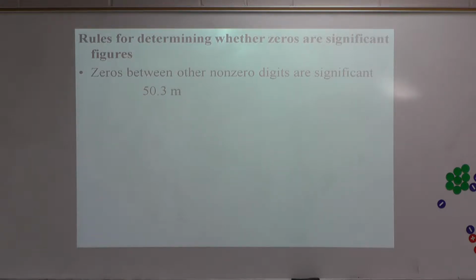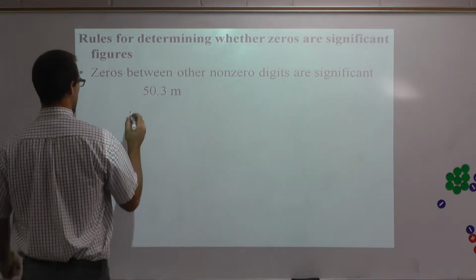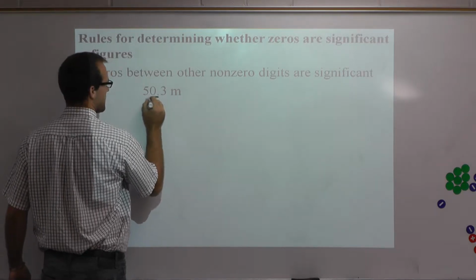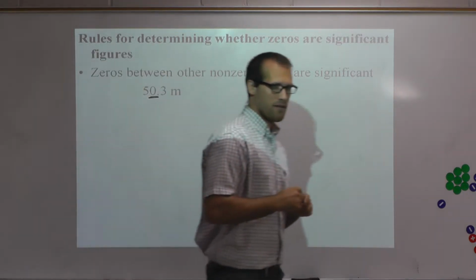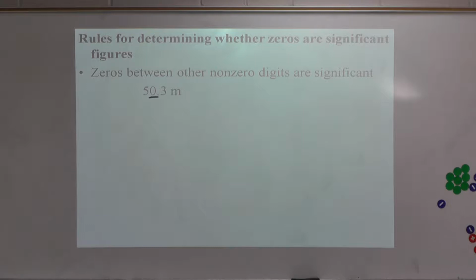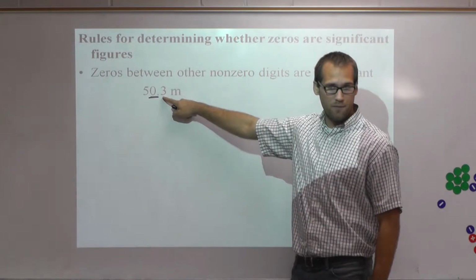3. Okay, now from a conceptual standpoint, why does it make sense that this 0 is significant? Because precision has to do with, do we know that that number is actually that number, or is it an estimated number? This is technically the estimated number.